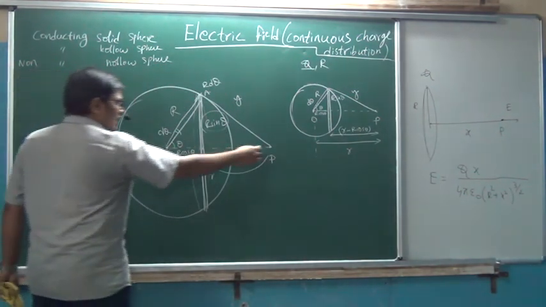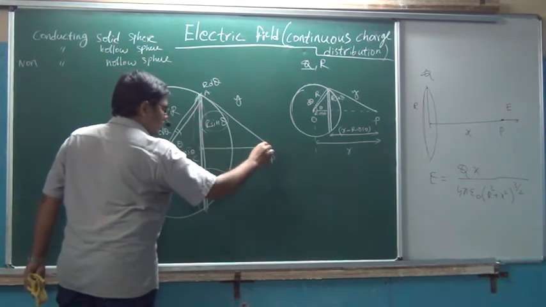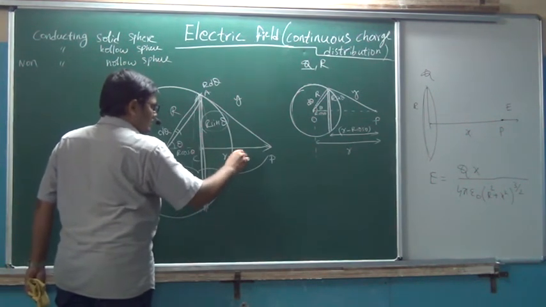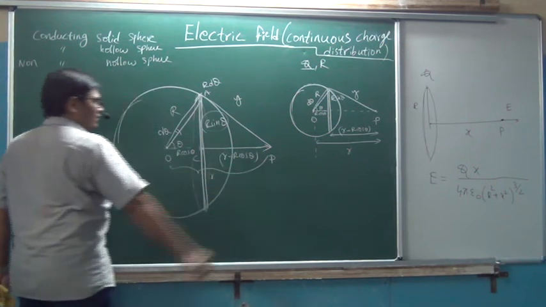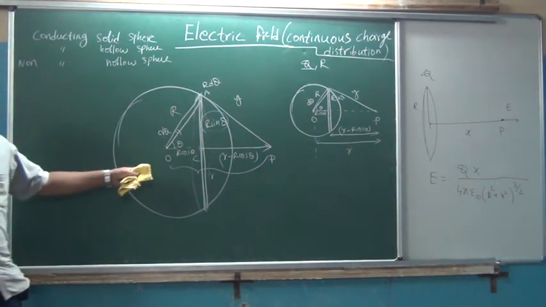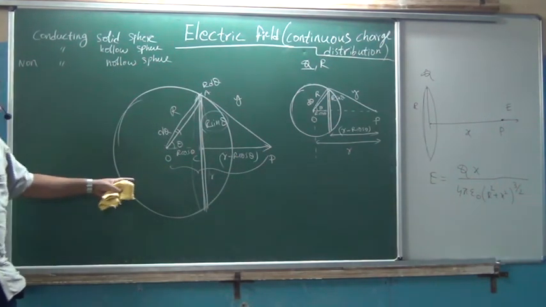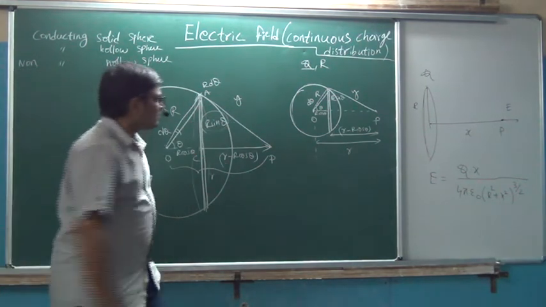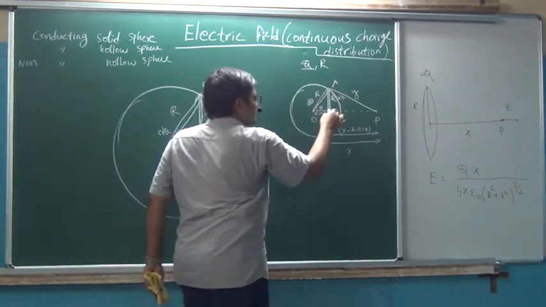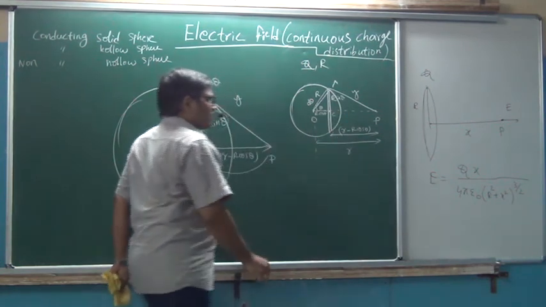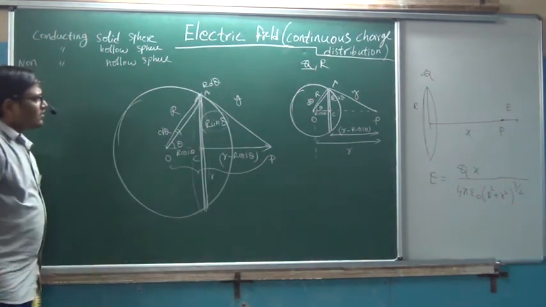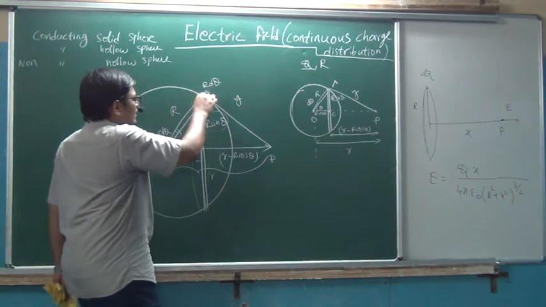From here to here it is r. From the center of the ring to this point it is r minus r cos theta. This is for your convenience, I have given you the magnified view. Same thing is here, you see. This is point A and this is the center of the ring C. Anything I am missing? Clear. This is r d theta.